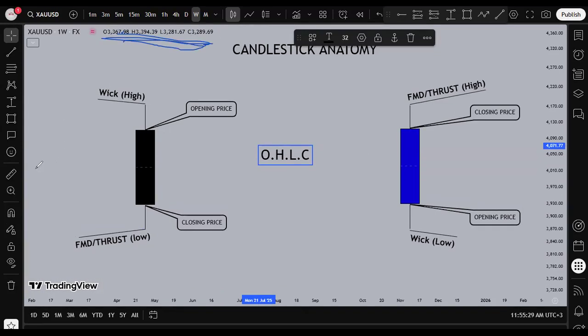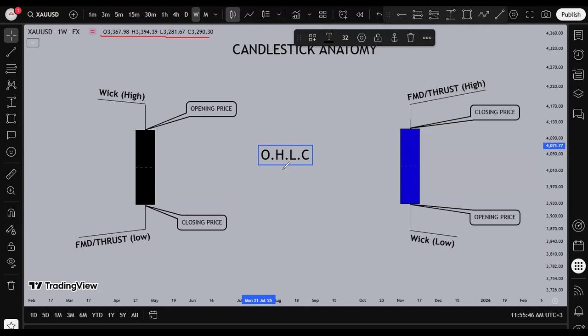This is where you see these terms and you don't know what they mean. I mean, what's the meaning of this OHLC?